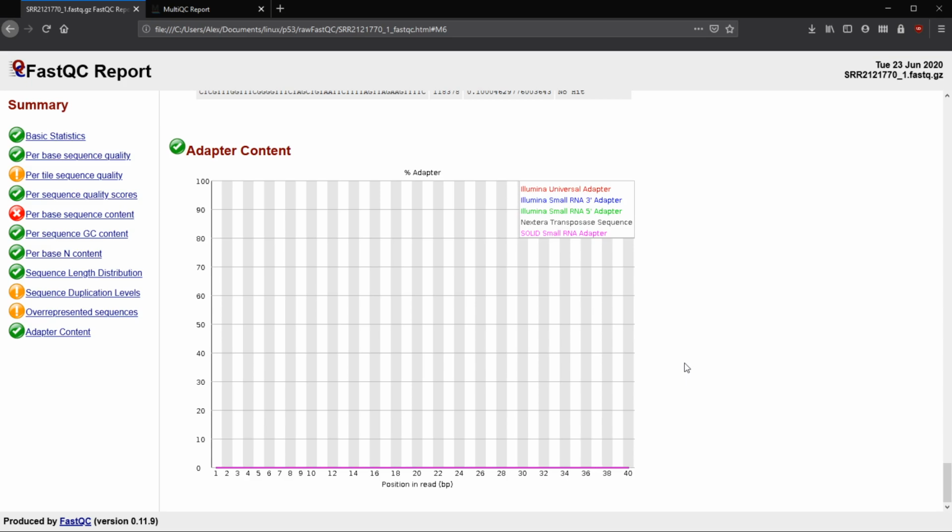I generally just put in the adapter trimming part, so that Illumina clip that we had done in the last video, I put that in anyway, just to be safe. If there's nothing there, it's not going to get rid of anything more, but it just gives me the peace of mind, I guess.